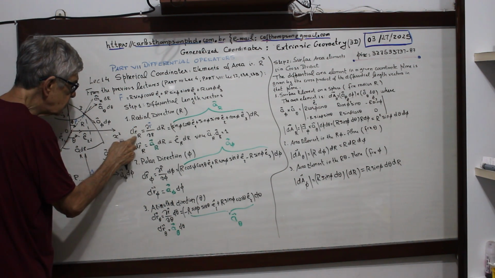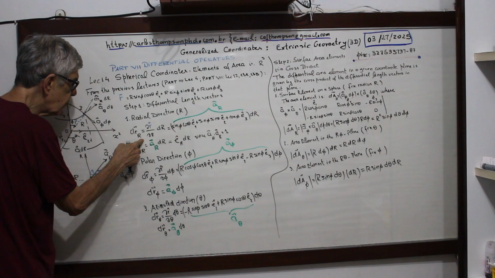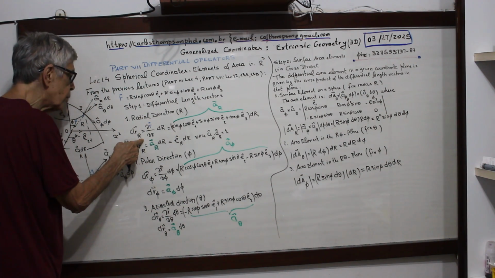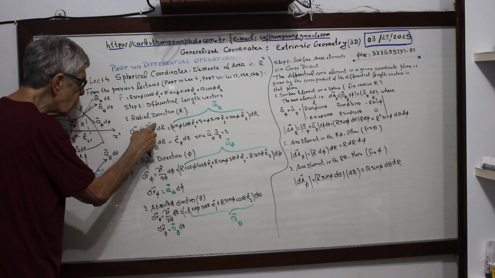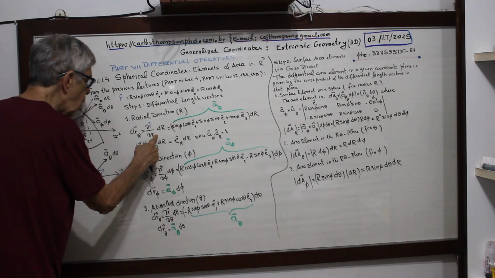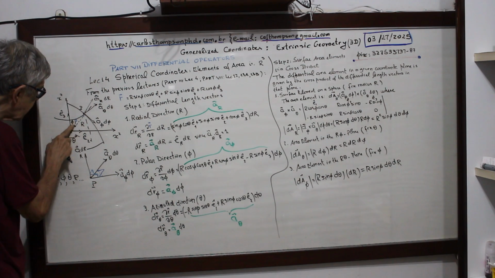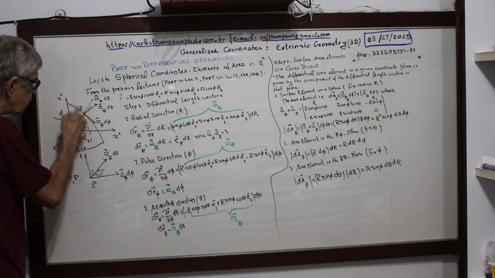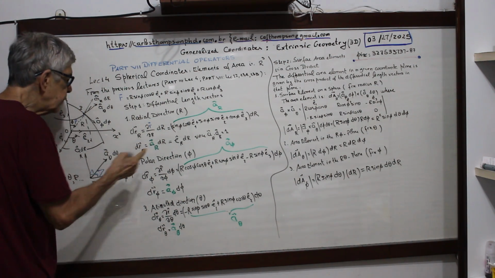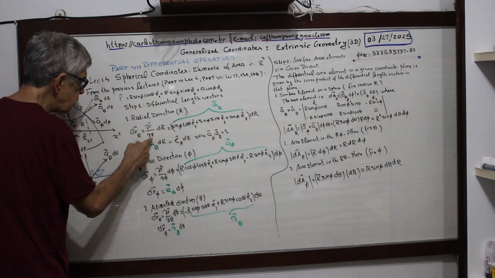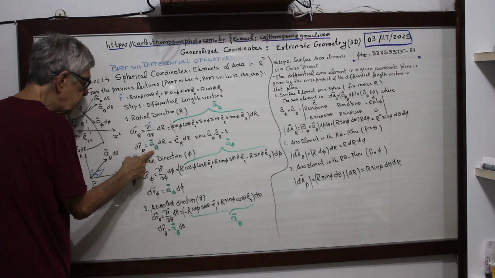The element dr in the radial direction is the partial of r with respect to capital R, dR. Attention, this is the position vector r, which is OP. Then dr is A R. That's the definition of the basis vector.